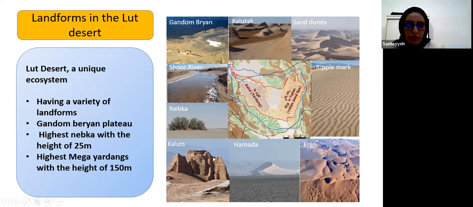And you will see the calottes, or it is also called mega yardangs, that are the landforms made by winds, let's say Aeolian regions, with the highest ones in Iran and in the Lut Desert with the height of 150 meters.